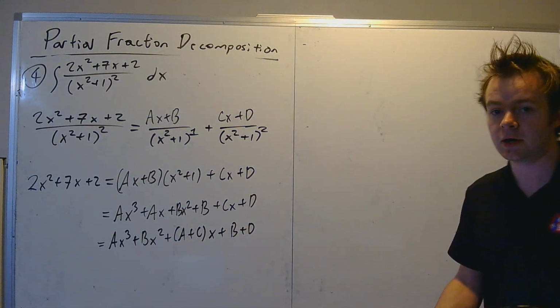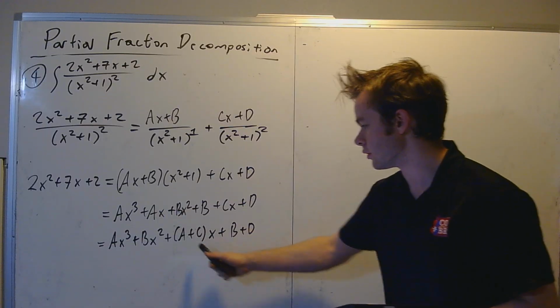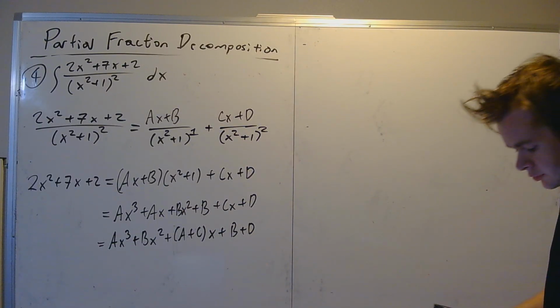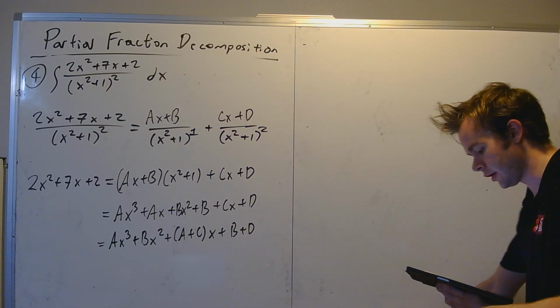Okay, so I just combined these two terms here to get this. So I just combined all of the like terms so that now we can see clearly what's happening.